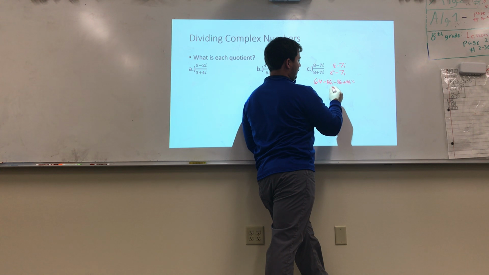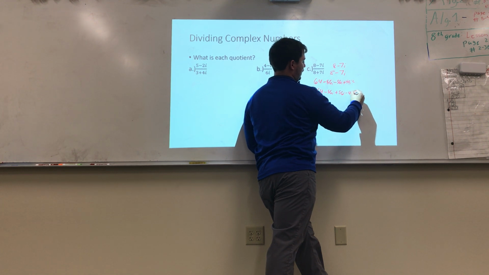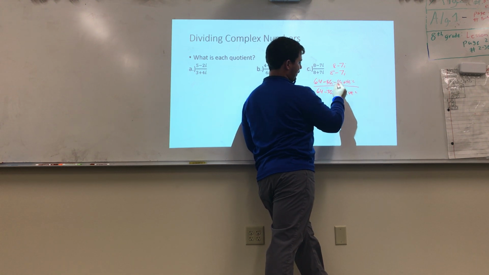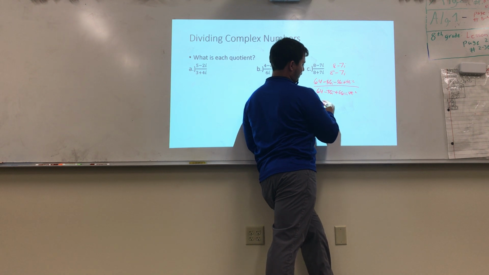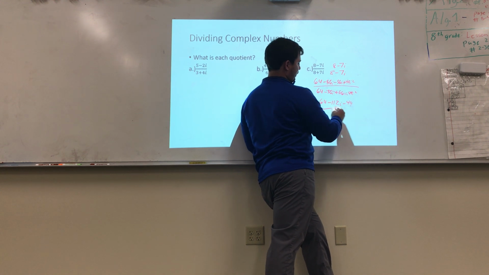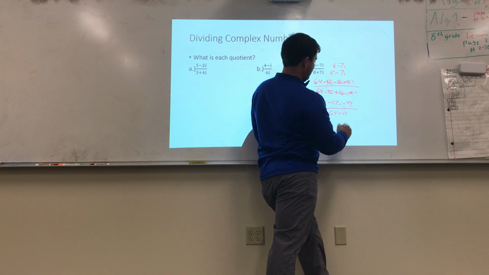Over here, we're going to end up getting 64 minus 56i plus 56i minus 49i to the second. This is gone. Up here, it's going to get me 64 minus 112i minus 49 over 64. This is going to give me plus 49.